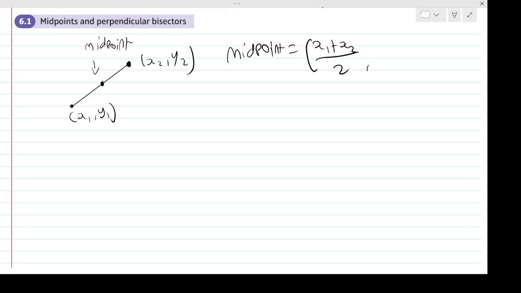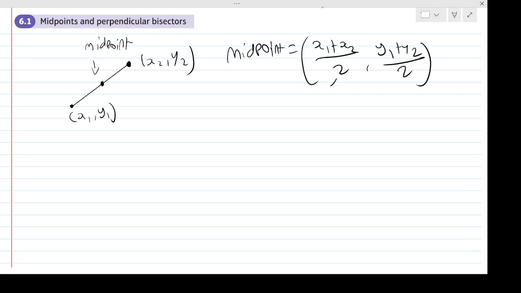Likewise for the y coordinate, the middle y point would be adding y1 and y2 together and then dividing by 2. This gives us the midpoint as a coordinate. This x coordinate is the middle x point, and this is the middle y point, and together they make up the midpoint.